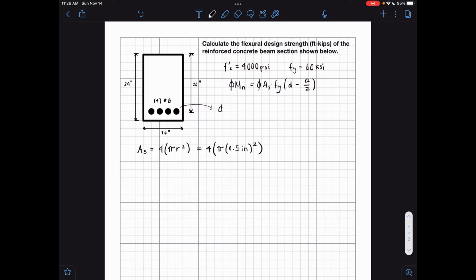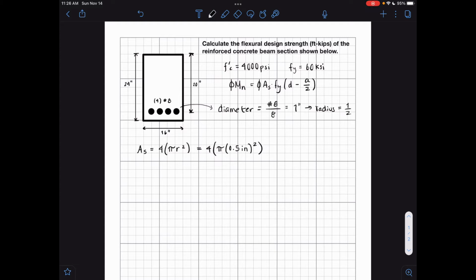So the diameter is equal to the number 8 bar divided by 8, which is equal to 1 inch. And the radius is just going to be 1 over 2. So that's how I got 0.5.